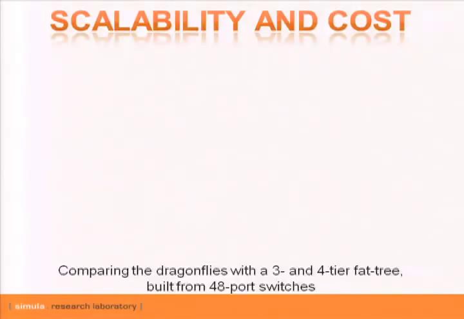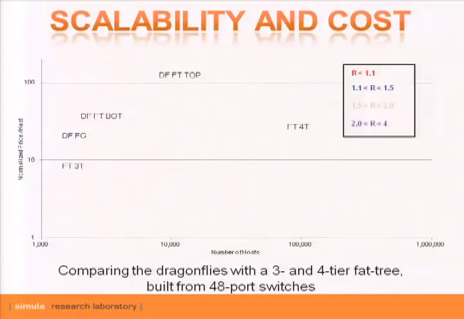Well, we also computed the results when the networks are built from 48-port switches, a bit more looking into the future. But the picture and the trend is completely the same as we can see here. We have the Dragonfly when the group is made up of the flattened butterfly.